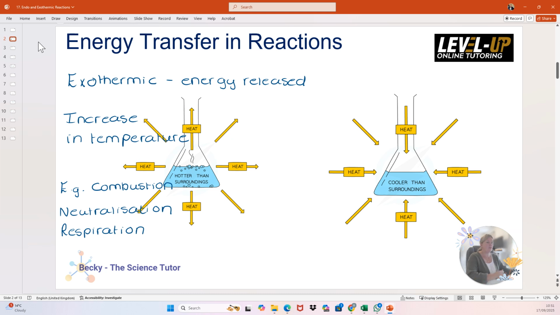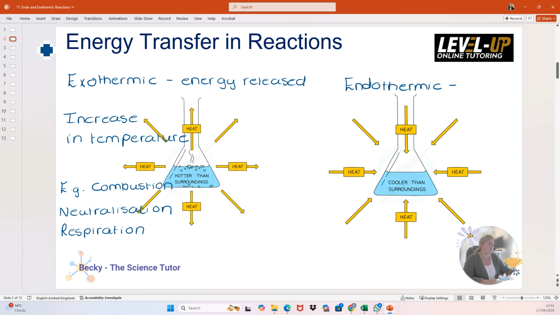Okay, on the flip side of that we've got an endothermic reaction. Again, if we break down that word, ENDO, N, enter. So the thermal, the heat, is entering the reaction. So endothermic means that the heat energy is coming into the reaction.